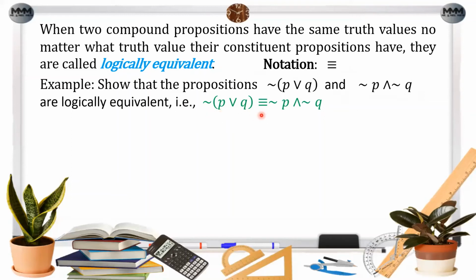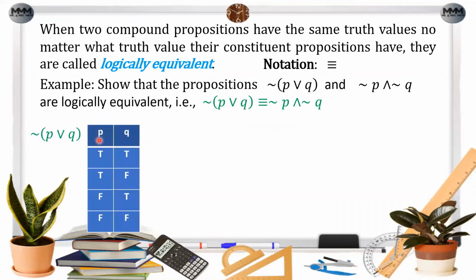So let's start first with the left side, not (P or Q). Let's construct a truth table. Again, we do have two propositions here, P and Q. So we will make columns for P and Q with their corresponding truth values.